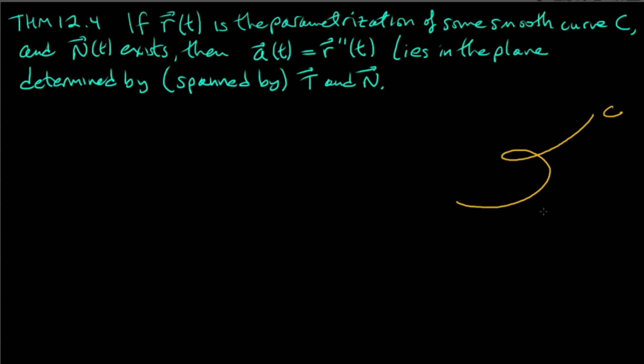So let's suppose that doesn't happen. So this has to do with the acceleration vector. Acceleration is just the second derivative of the position vector. So the acceleration vector has to lie in the plane spanned by T and N. At any given point, you have your T, you have your N, and those two vectors span a plane.